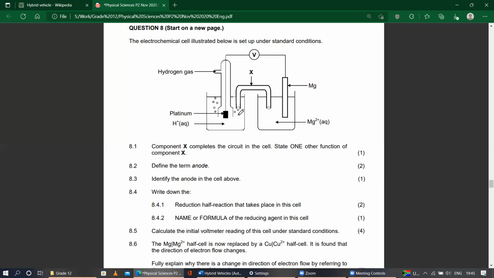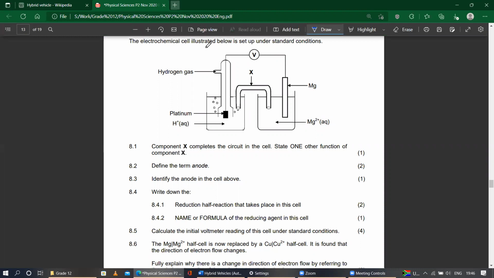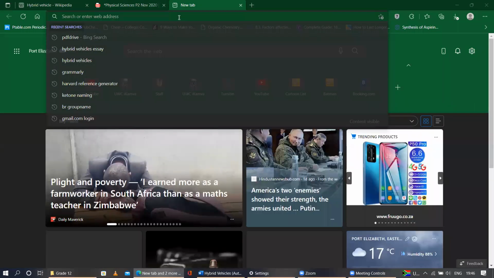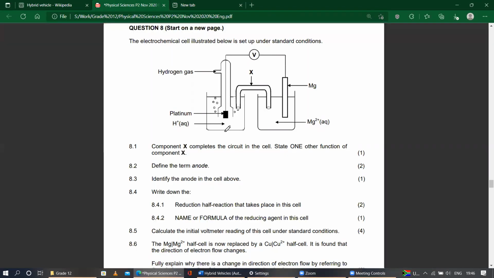But for me, I only know one function for the salt bridge, so I'm gonna tell you mine. Then maybe I can just search it right now, so it can pop up. So maybe you'll remember it from class. So basically, let me just do this before I search it.